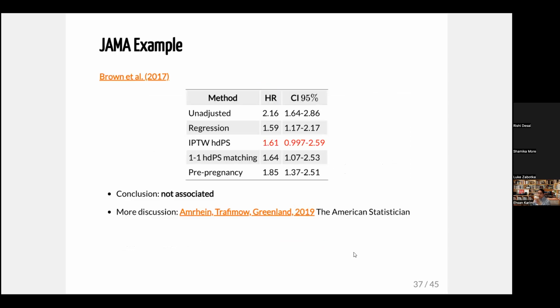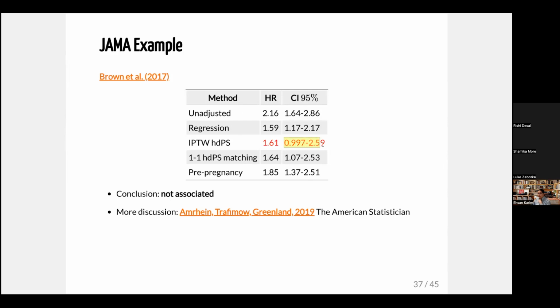But obviously, in a methods paper, you can certainly use the high dimensional propensity score algorithm as your main or primary analysis. One example of the use of high dimensional propensity score as the main analysis is this Brown paper from JAMA from 2017, where they used many different analyses, but they picked the high dimensional propensity score algorithm with the inverse probability weighting approach, and the hazard ratio was 1.61.